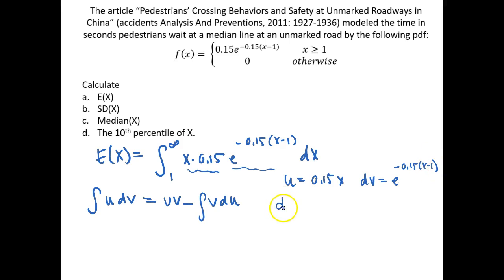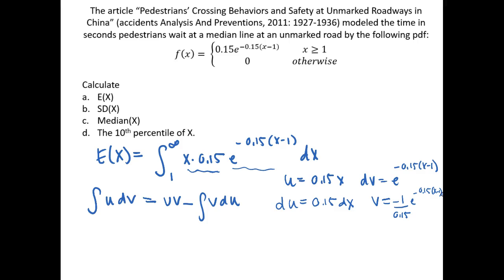So du is then equal to 0.15 dx, and to find v, we basically have to integrate dv, or take the antiderivative. So this is equal to negative 1 over 0.15 e to the negative 0.15 x minus 1.